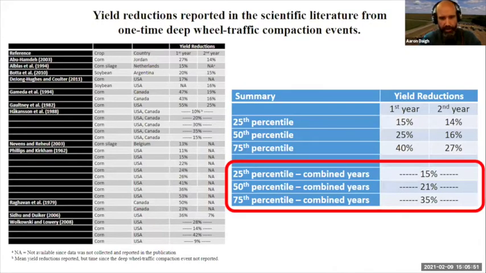And this is a lot of numbers, but what I want you to pay attention to is this box in red down here. We did a review of the literature, particularly corn and soybean.